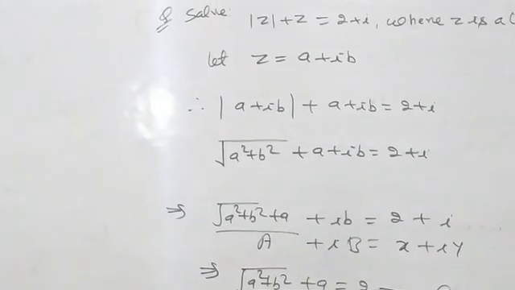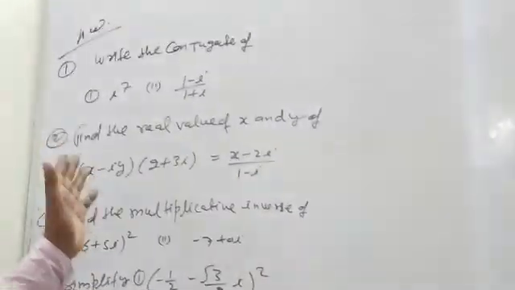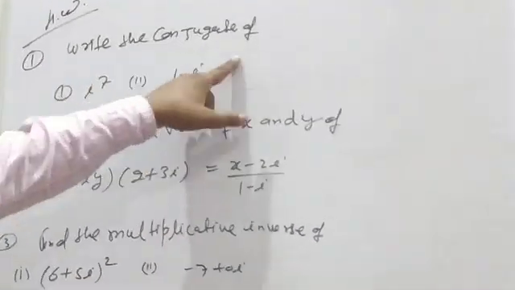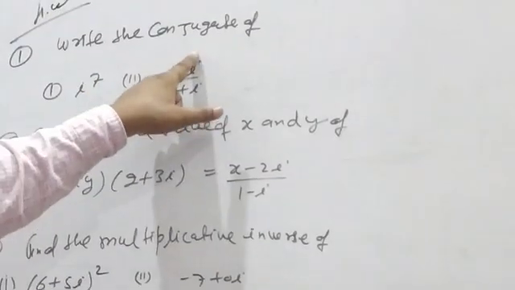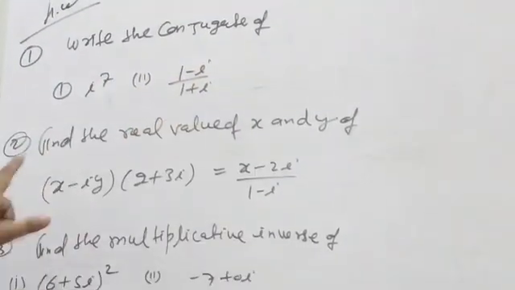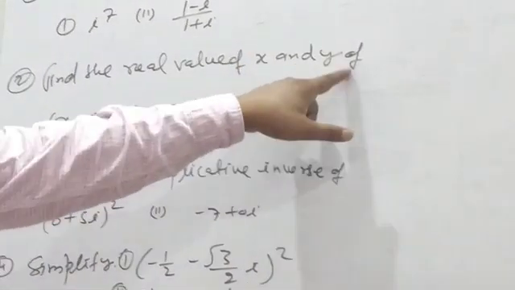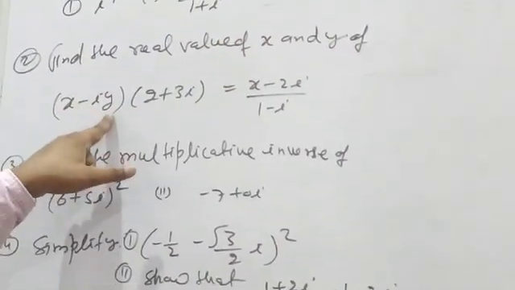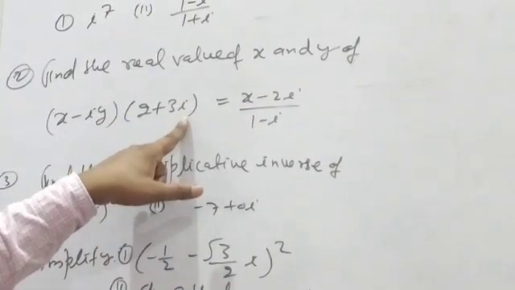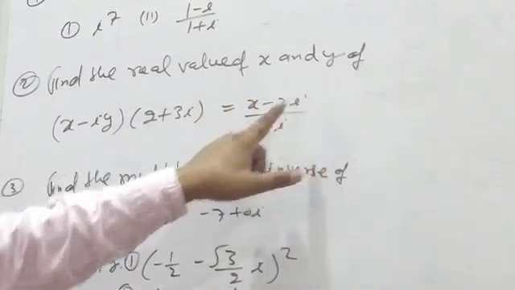Now I am going to give homework questions in the assignment. Write the conjugate of i cos 7, 1 minus i by 1 plus i. Second question, find the real values of x and y of x minus iy into 2 plus 3i is equal to x minus 2i upon 1 minus i.